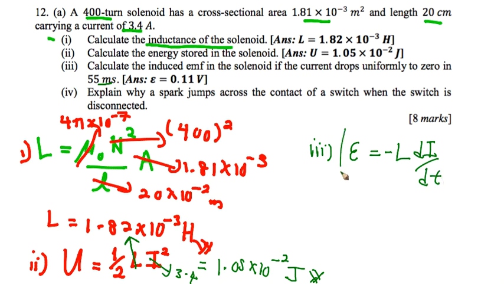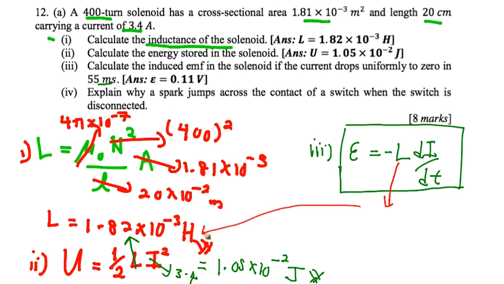So this is the equation you can use to relate induced EMF and inductance. The value of L here is from the answer to number 1, 1.82 times 10 to the minus 3, and the change of time is 55 milliseconds, so 55 times 10 to the minus 3.